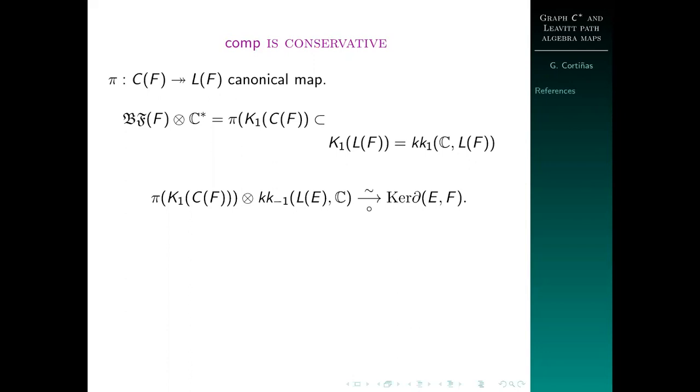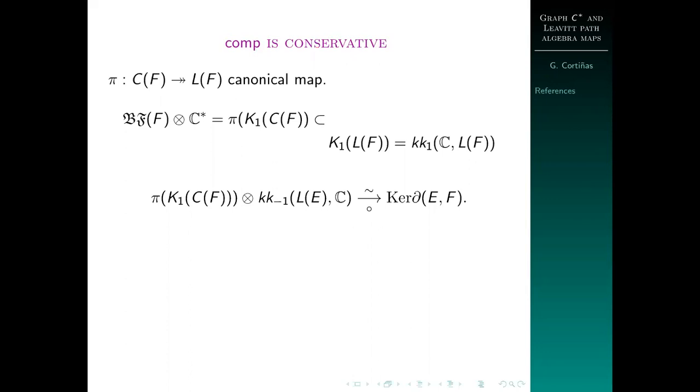So I compose, and I get a class from LE to LE, and composing in the opposite direction, one from LF to LF. So in order to show that comp is conservative, I will need to show that these two compositions are invertible, knowing that they go down in big KK to the identity.